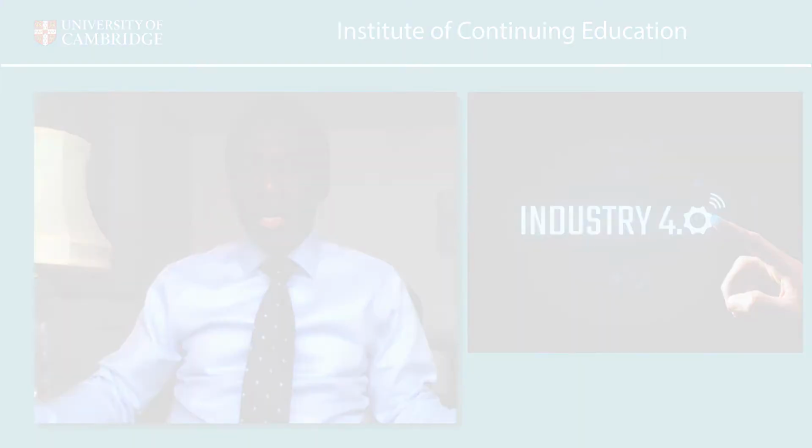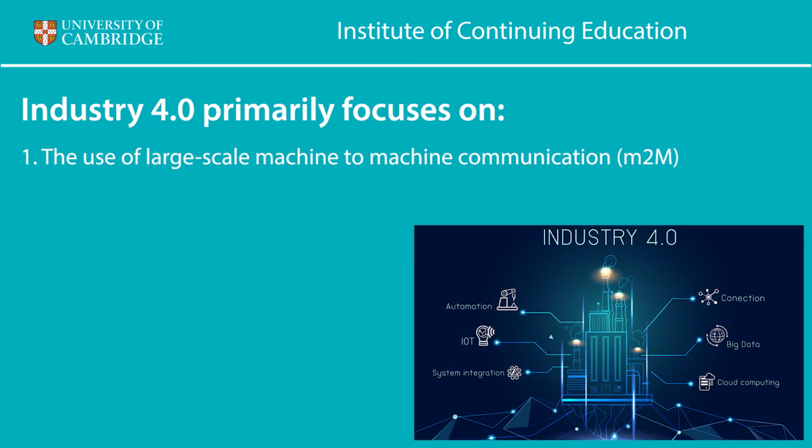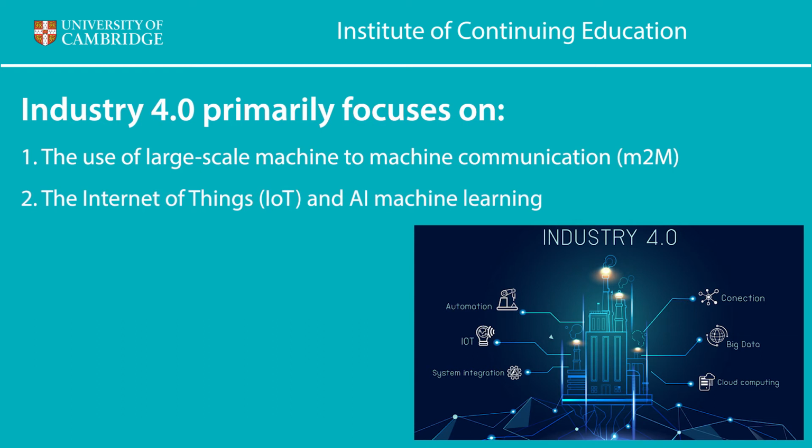You must have heard about these technologies. Industry 4.0 primarily would be focusing on the use of large-scale machine-to-machine communication, the Internet of Things, and AI, machine learning, to provide increased automation, improved communication, and self-monitoring of factory manufacturing tools.